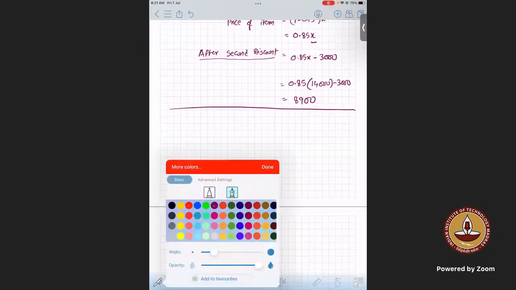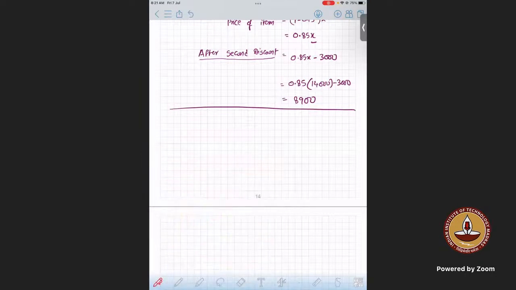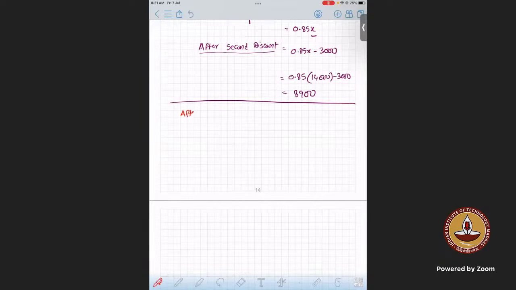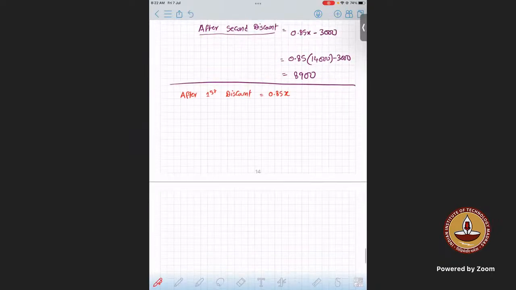Let the same: after the first discount, it equals 0.85x. After the second discount, x minus 3,000.